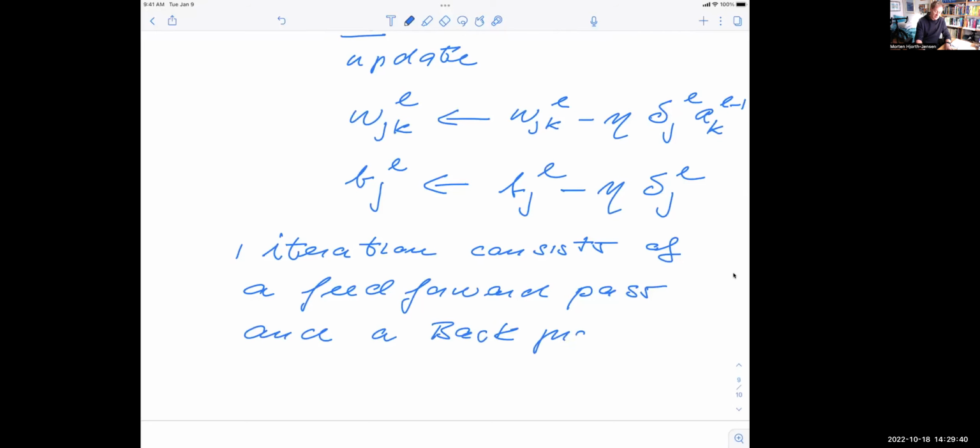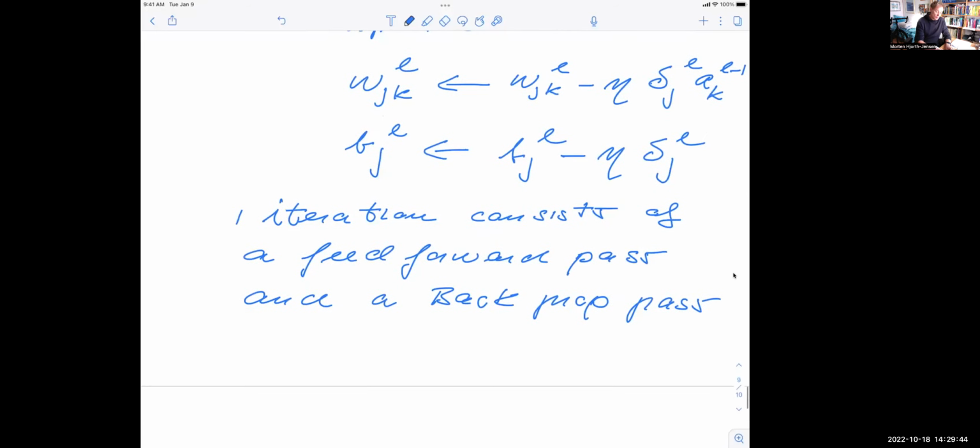And I just write this as a back prop pass. And then you will continue till the cost function which we have, which we want to optimize, has reached a value which we are happy with, till the cost function converges.